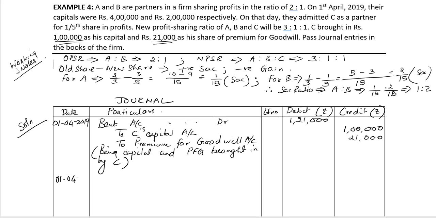The next journal entry, to distribute the premium for goodwill among the sacrificing partners in the sacrificing ratio, which is 1:2.